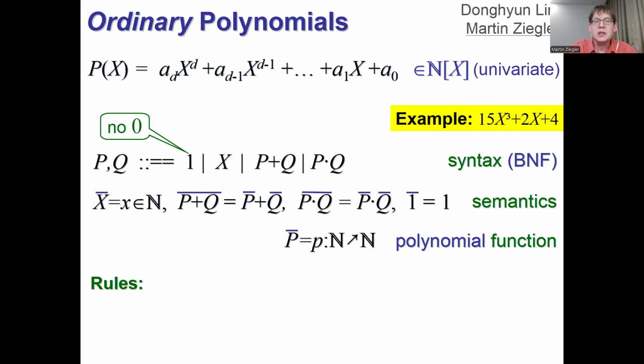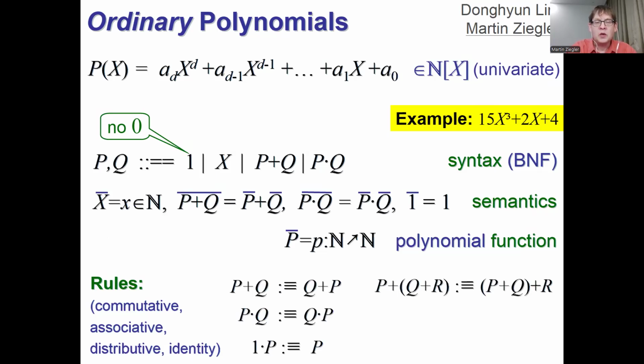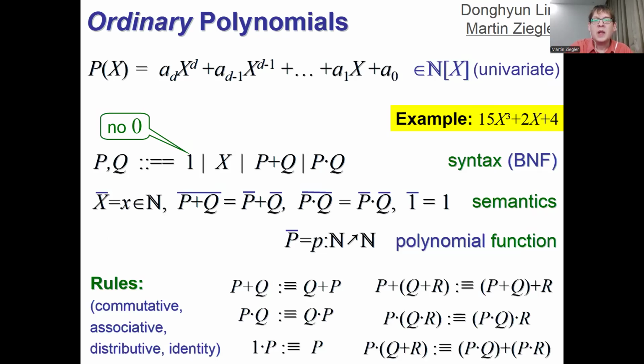Polynomials thus defined semantically satisfy commutative, associative, and distributive properties and the identity with respect to 1. So here are these properties, and we will use them now to redefine polynomials with respect to these rules, making them axioms.